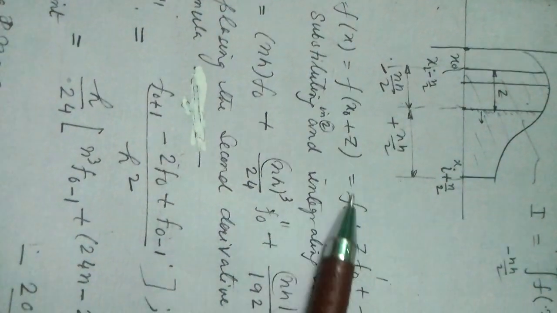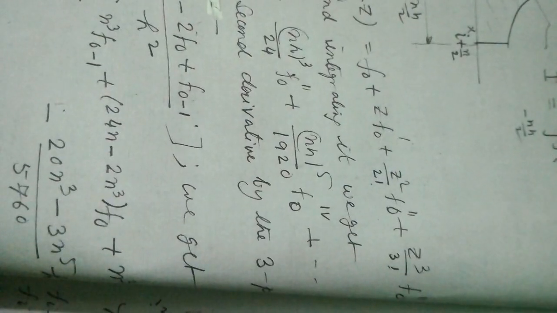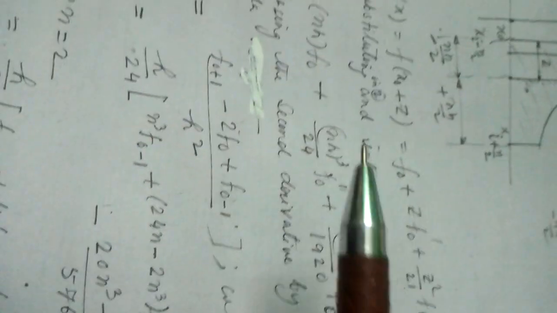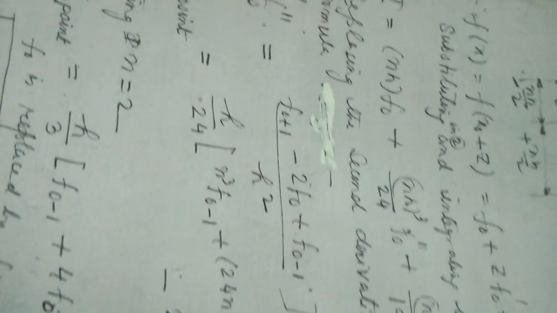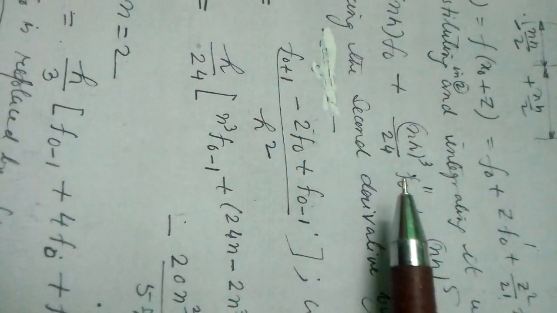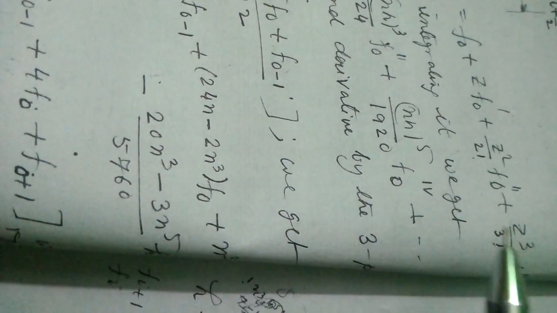So again we are expanding the Taylor series. Substituting in this and integrating it, we get I equal to nh into f_0, plus the remaining terms.